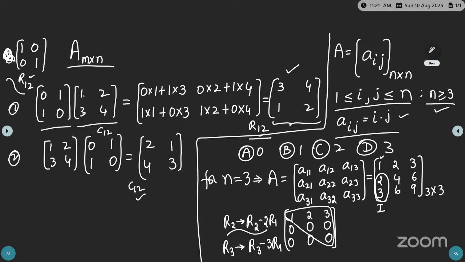Only one. What is the rank? 1. That's enough. Even for 3, even for 4, 5, 6, for any integer n greater than or equal to 3, the rank is 1. Got it or not? Yes or no? Write it, note it down.